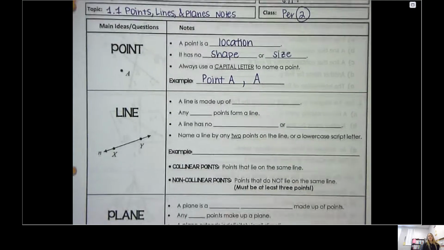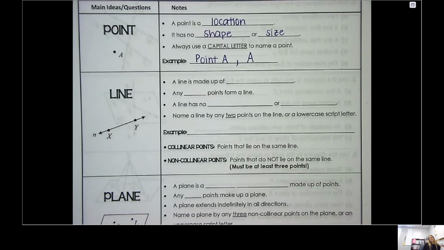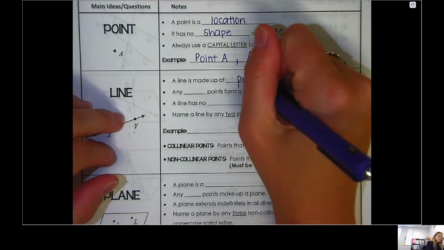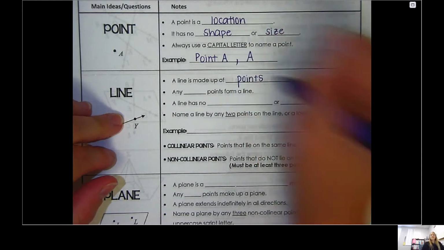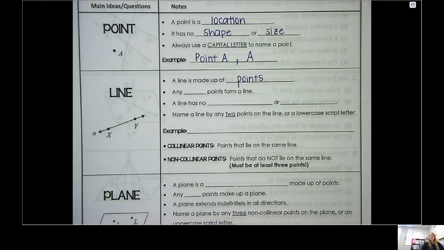Okay, part 2. A line. I think you've seen a line before, yeah? A line is made up of multiple points. So it's just an infinite number of points put together is what gives me a line. In order to make a line, you need to have at least 2 points.